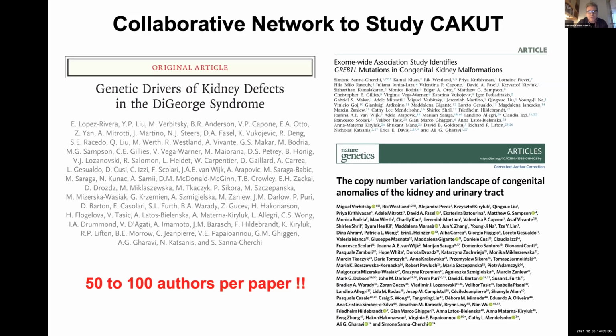So each of these individual investigators has contributed significantly, as demonstrated also by the large number of co-first and co-last authors in every one of these papers, because we really need the expertise of multiple investigators to complete the studies.